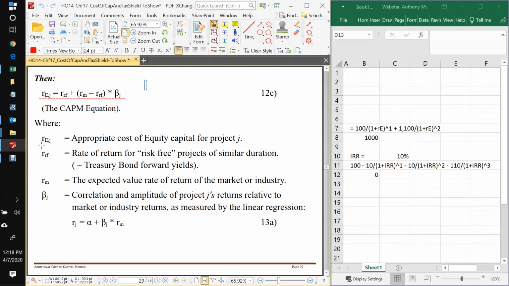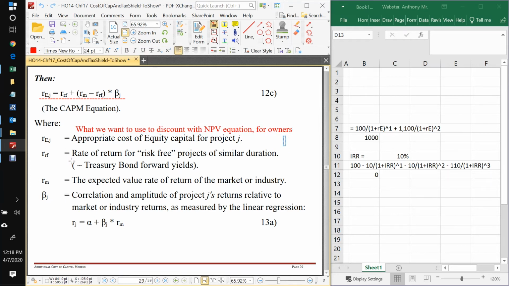Let's make sure I've got everything covered here. So we have R_E,J is the appropriate cost of equity capital for project J. It's what we want to use. It's going to be the discount rate that we're going to use with our NPV equation for owners of a company.